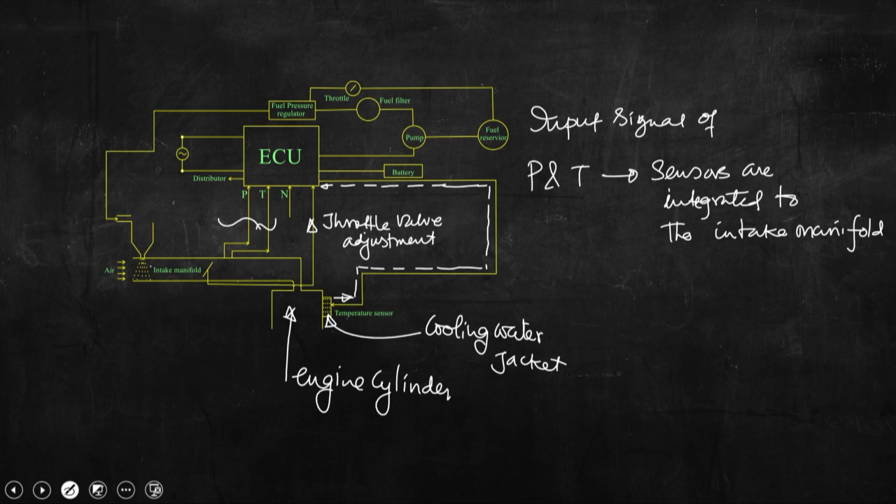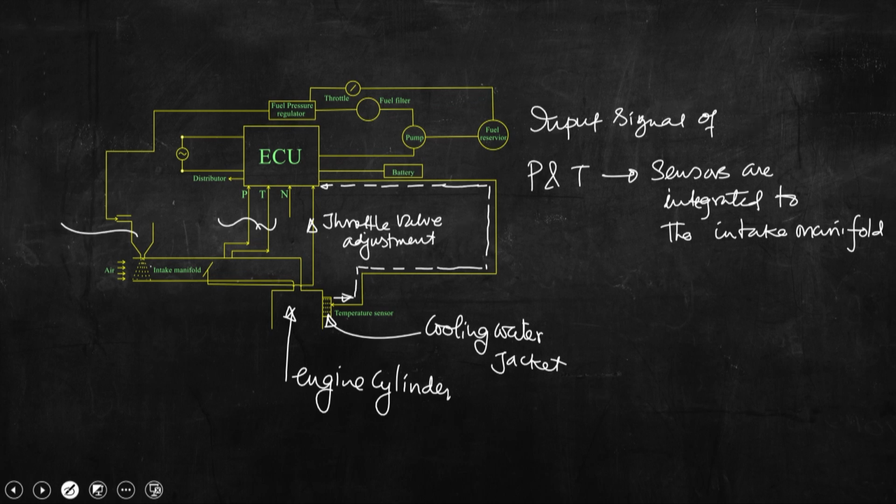If it is a CI engine, or even for modern SI engines, in most cases fuel is sprayed into the engine cylinder by a multi-port fuel injection system. So, what will happen is that, receiving signals from the speed sensor, the ECU will provide some signal to the pump, which will deliver fuel from the fuel reservoir to this fuel nozzle.